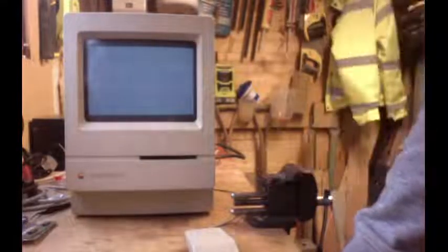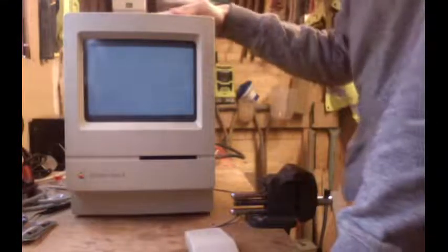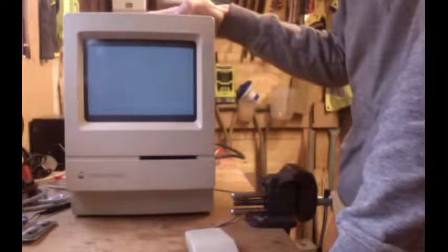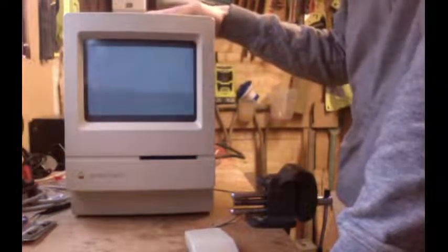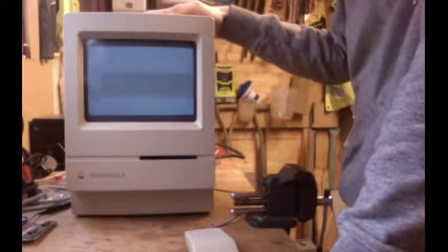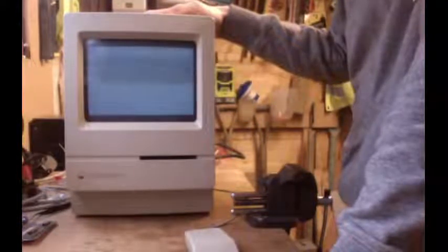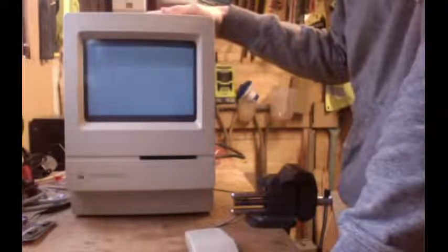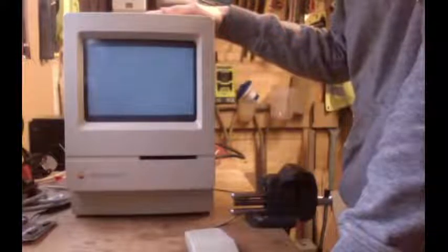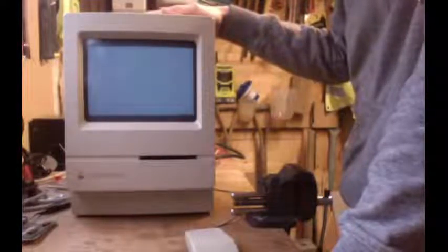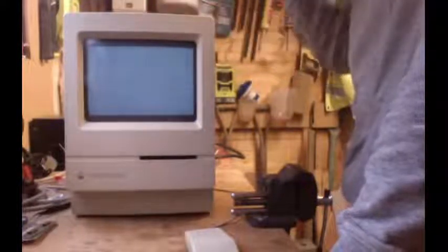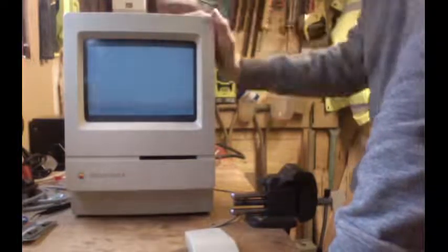Nope. Nothing. No behaviour. So I have a feeling the memory expansion slots are done through that chip, which I've taken the cap off for. Interesting. Well, I'm at a loss here. So it does work.